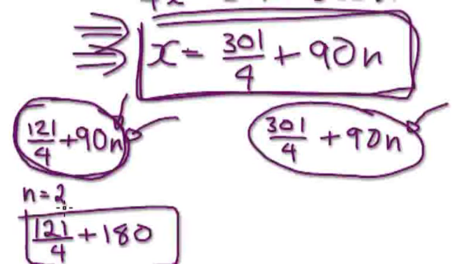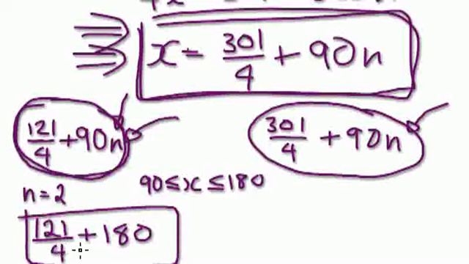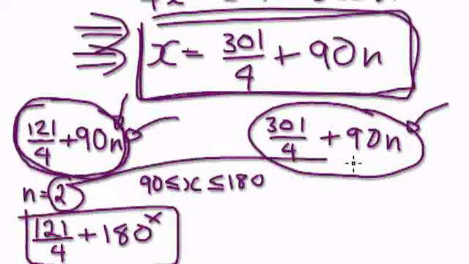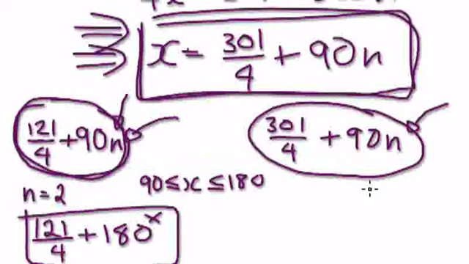Let's see if this is within our range. Remember, we want x in the range of 90 and 180. Well, looking at this here, if this is 180 and then you've got to plus an extra bit here, then this is out of range. So the overall thing here is no good. Okay, so let's put n equals 2 into the other one.